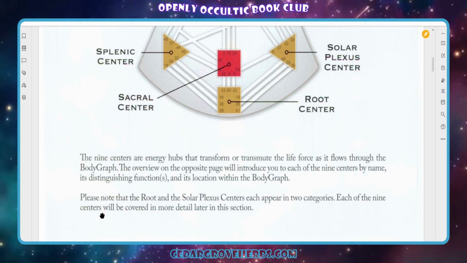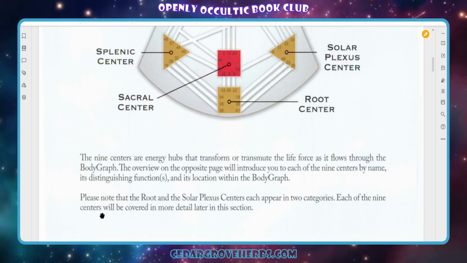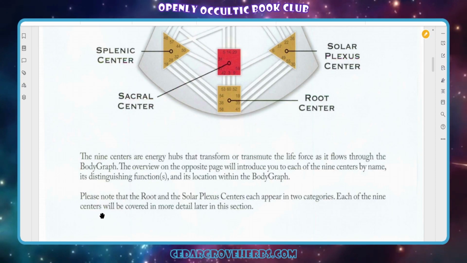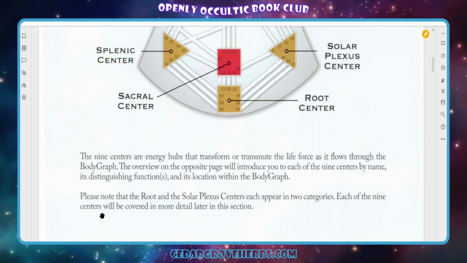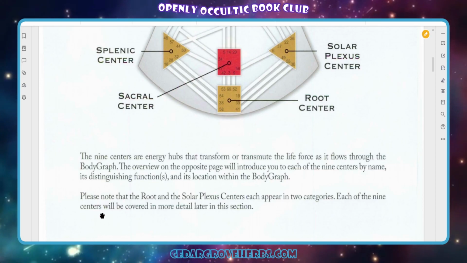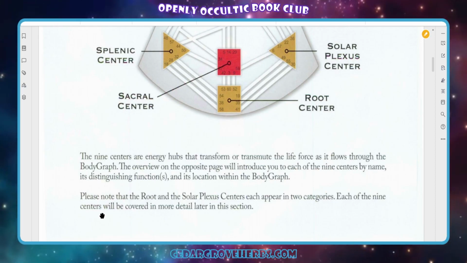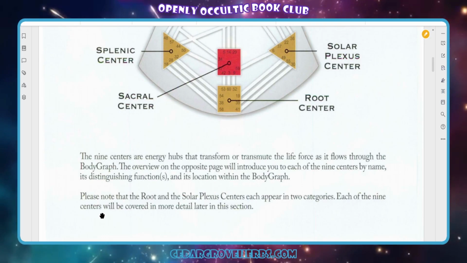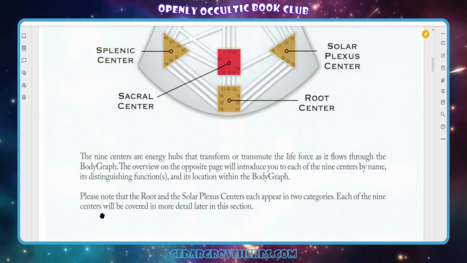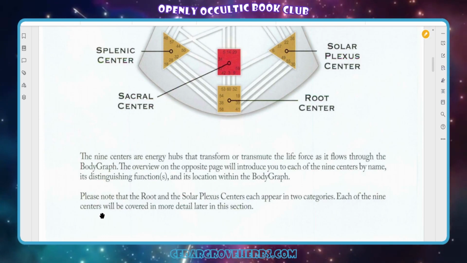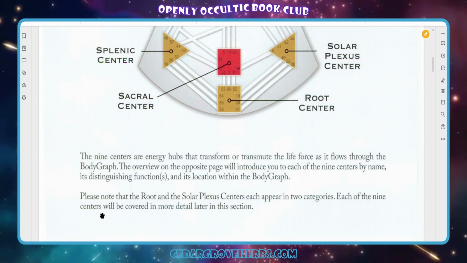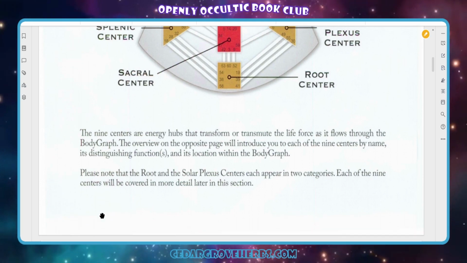The 9 centers are energy hubs that transform or transmute the life force as it flows through the body graph, or through your body. The overview on the opposite page will introduce you to each of the 9 centers by name, its distinguishing function, and its location within the body graph.